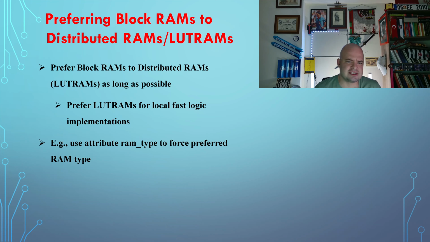For instance, the RAM type attribute is a nice one. They are named HDL synthesis attributes. After your architecture definition, before the begin statement, you can add some attributes to force the preferred RAM type.